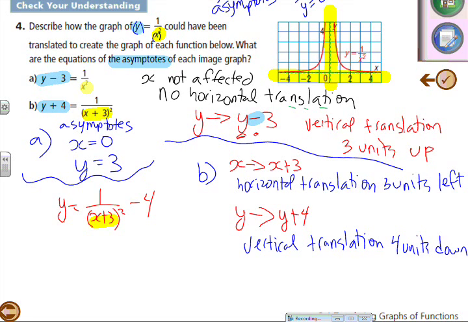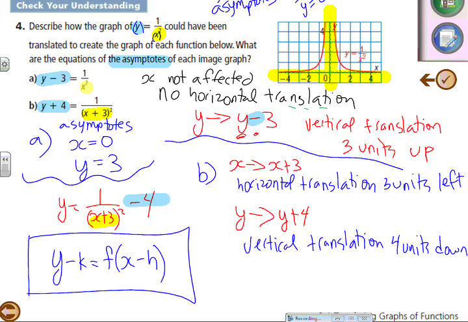I'm going to have you take everything to the 2 sides of the equation. Y minus k equals f of x minus h. This is what you saw on the other page there. 2 sides of every equation. Split it at the equal sign. This is the side with the y. This is the vertical side of the equation. This is the side with the x.